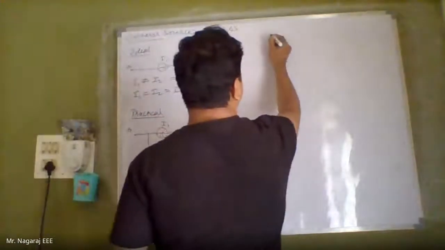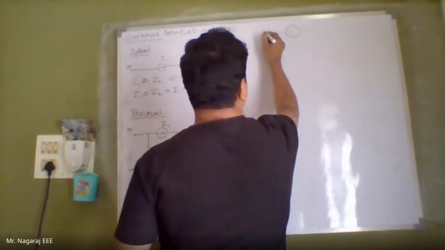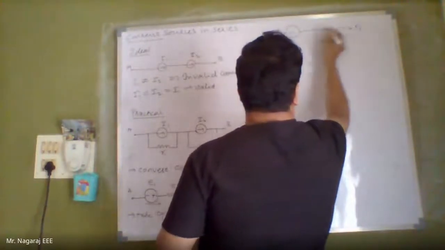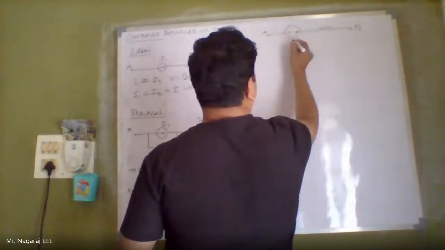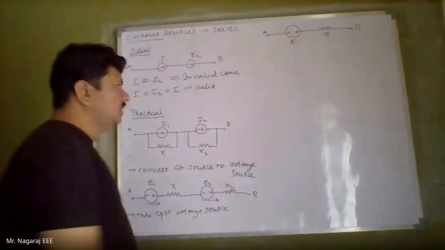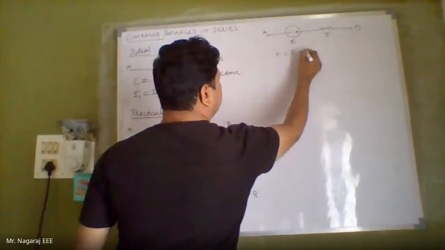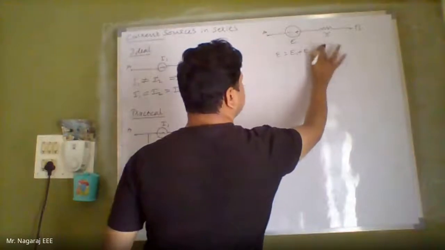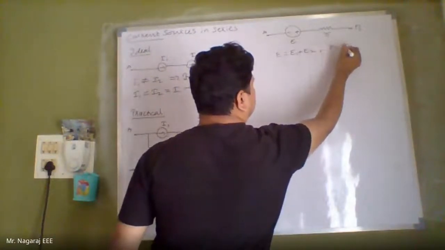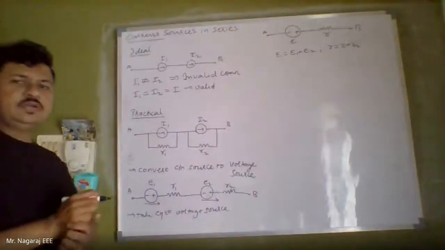So the total voltage is minus, plus E, and this is R. Okay. So E is E1 plus E2 and R is R1 plus R2. Now I have a voltage source.